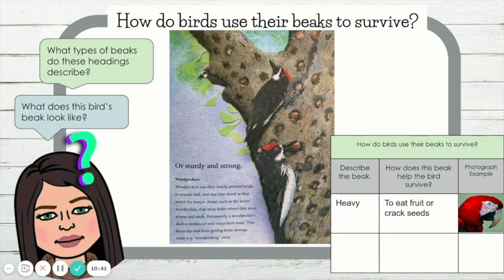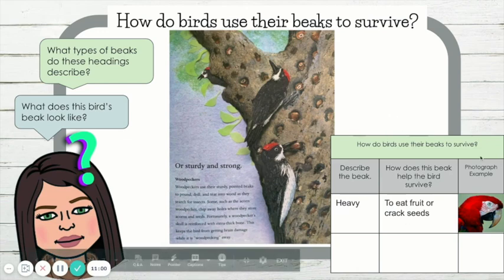Sturdy and strong beaks. Those are much better adjectives than small or pointy. And tell me, what bird is on this page? That's right, this is a woodpecker.